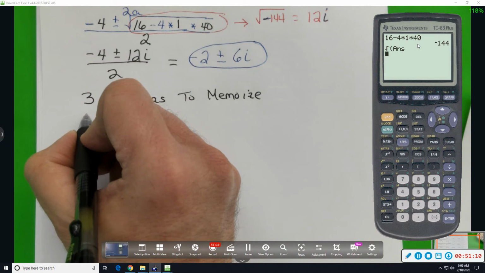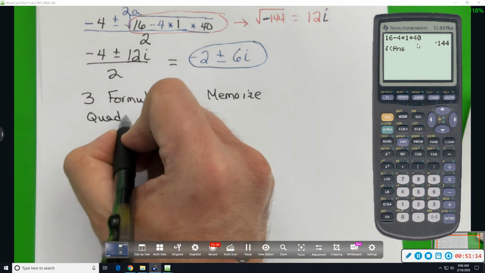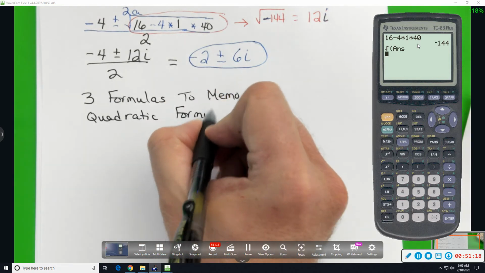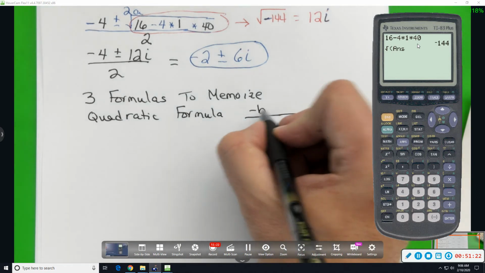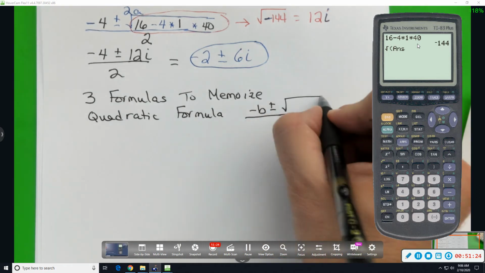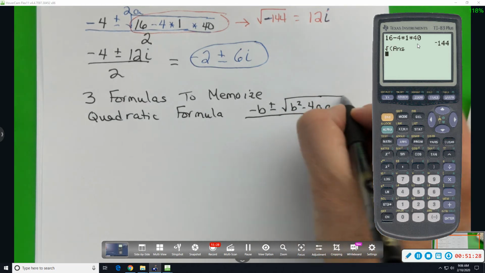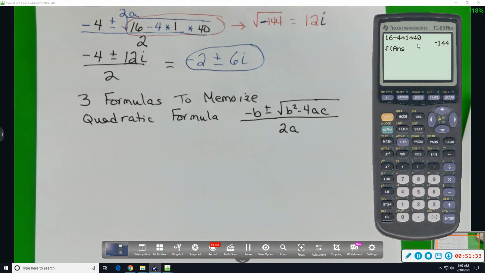First was the quadratic formula: negative b plus minus square root of b squared minus 4ac all over 2a. That's the first one. And then the last 2 we did last Wednesday, 5 days ago.